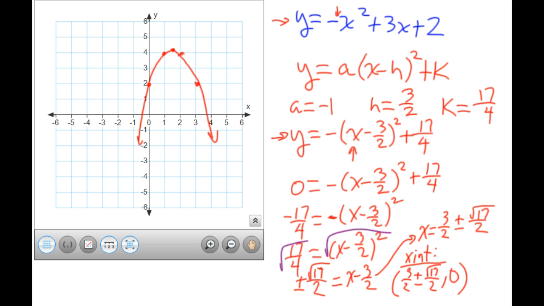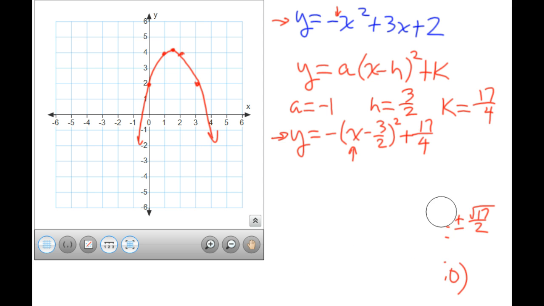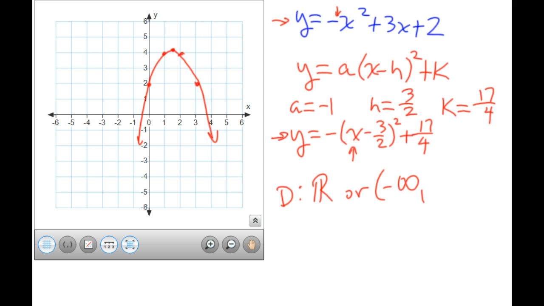The last interesting ideas that we need to think about when we talk about parabolas are the domain and the range. Since a parabola goes forever to the left and to the right, the domain with this would be all real numbers. Or we could say from negative infinity to positive infinity. The range talks about how high up to how low down the graph goes.